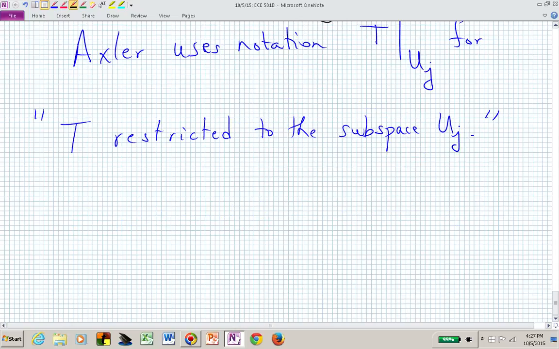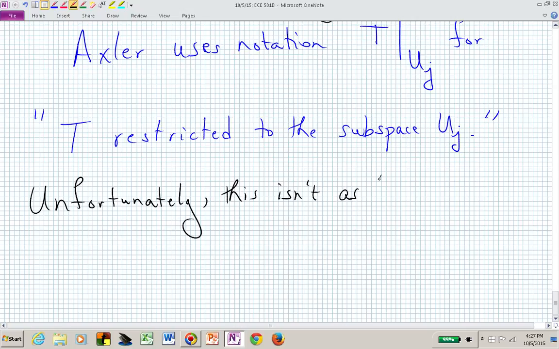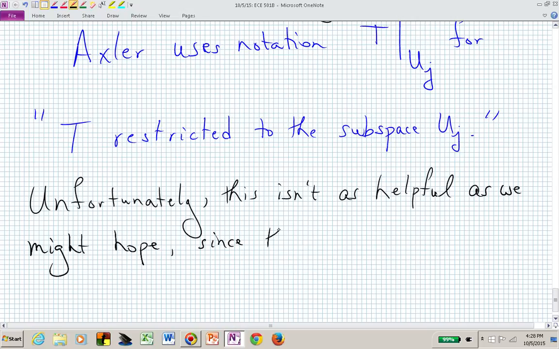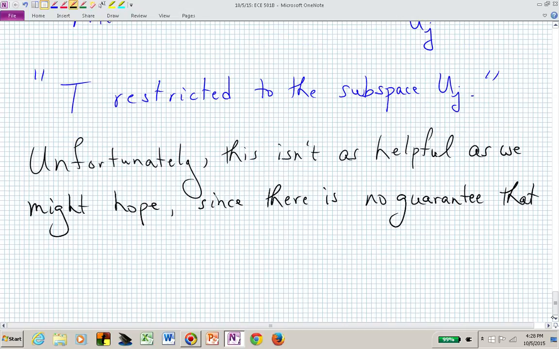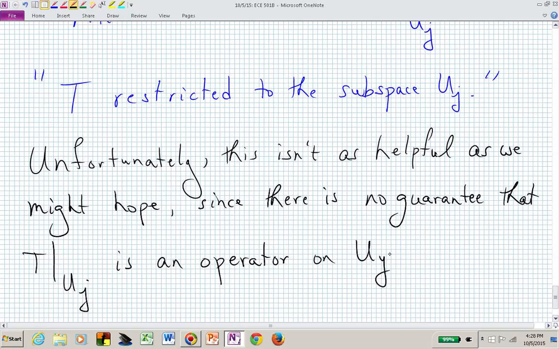And the unfortunate thing about this isn't as helpful as we might hope, since there is no guarantee that this linear map restricted to this subspace u sub j is an operator on u sub j.